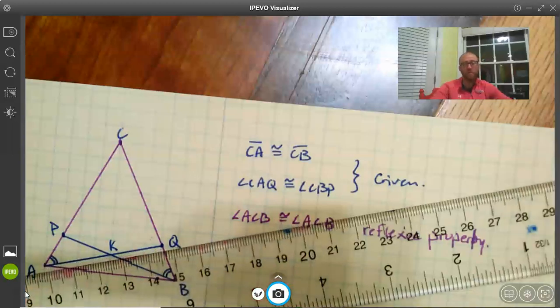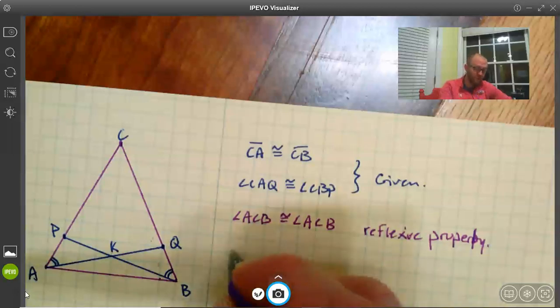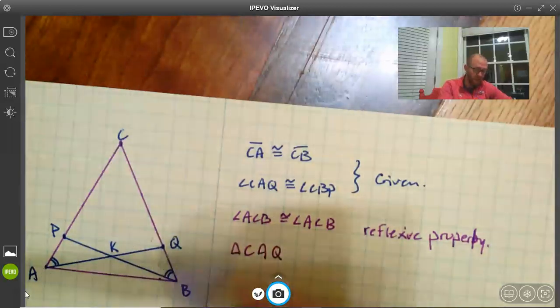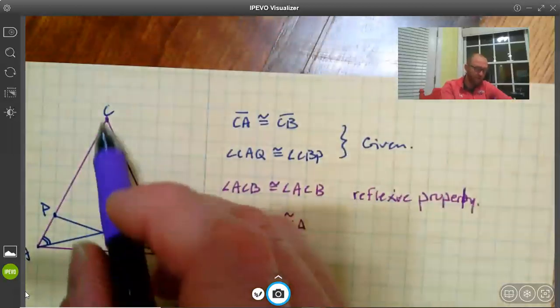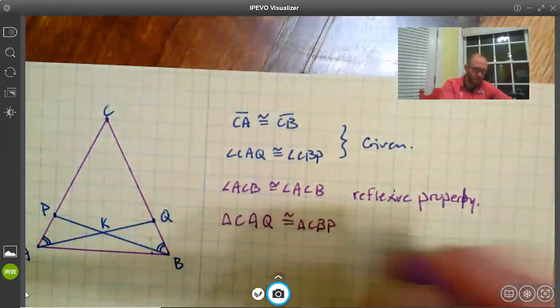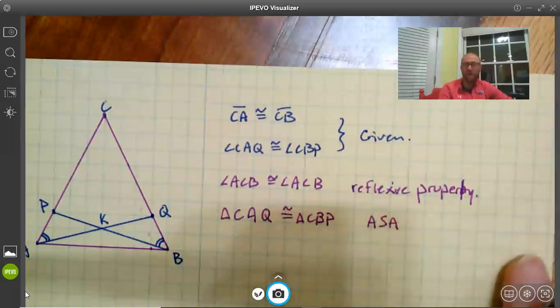So if I have two triangles with two pairs of congruent angles, and the side in between them is also congruent, then those two triangles are congruent. Which means that triangle CAQ is congruent to triangle CBP. And that is again angle, side, angle.